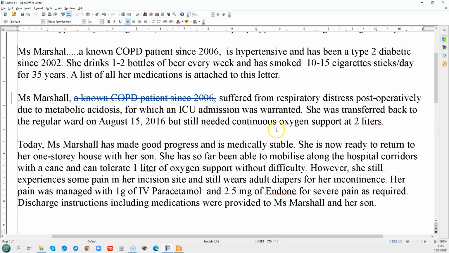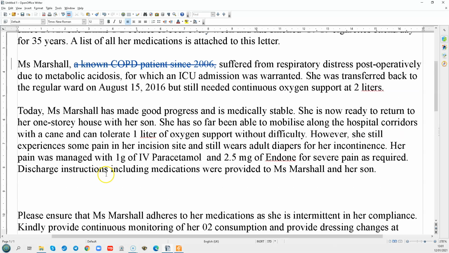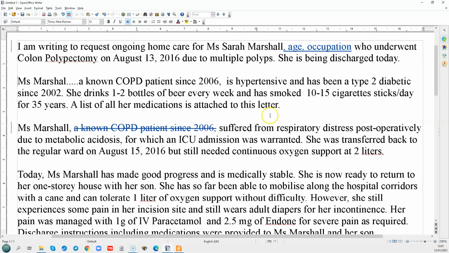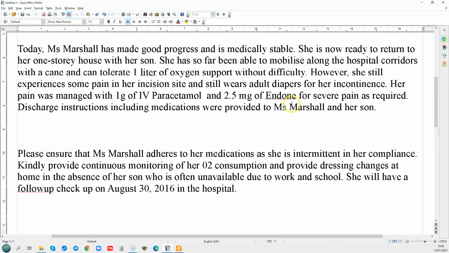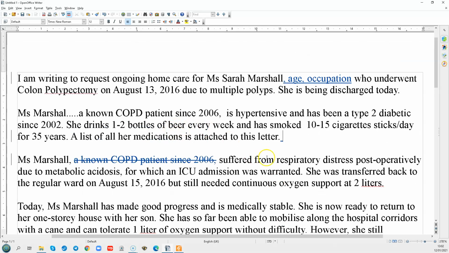Now, this about the son, I would put this in this paragraph here, so it's kind of like social and medical history, it's the background. So then you don't have to keep saying the reason why, because the son can't always be there. According to the case notes, the son is often unavailable. So you can explain that here.